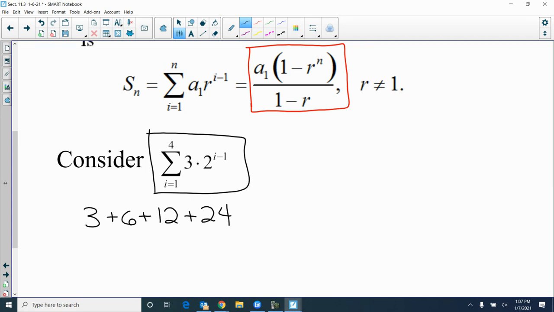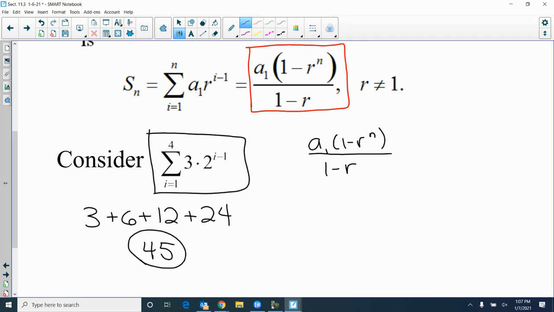Well, I can add those up. 3 and 6 is 9, plus 12 is 21, plus 24 is 45. Since I know it's geometric, that means that this formula will also work. Since that's only 4 terms, it's not that difficult to write it out, but I want to make sure you understand that this works as well.